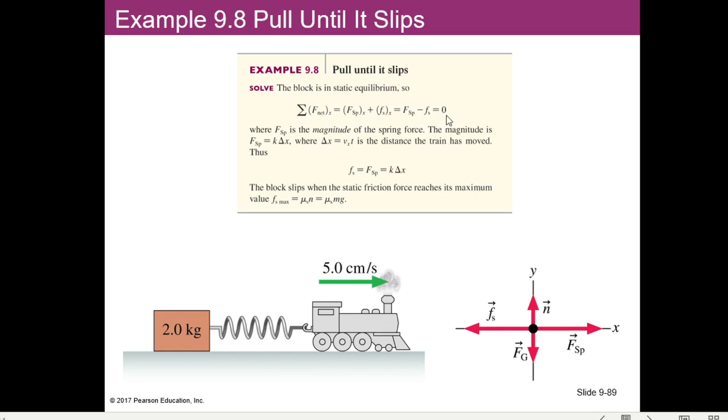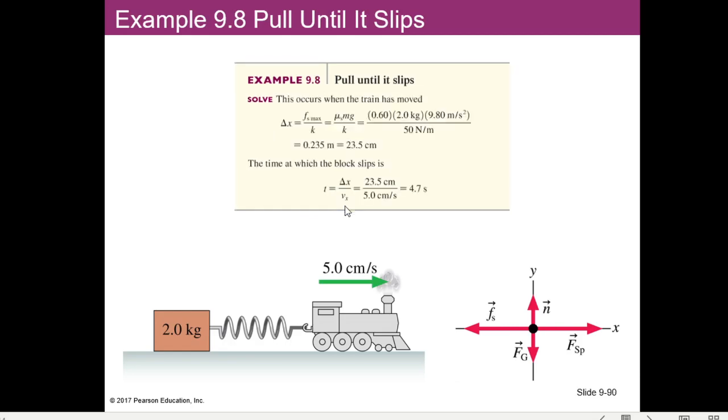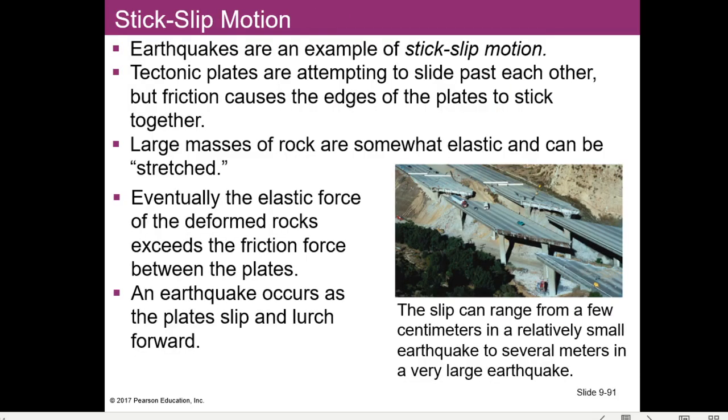And if it's at equilibrium, then that's going to equal 0. Now, the point at which this is maximum is the force at which it just starts moving. So that's the point at which Fs equals k delta x, and that's when Fs max equals mu s n equals mu s mg. All right, so there that is.